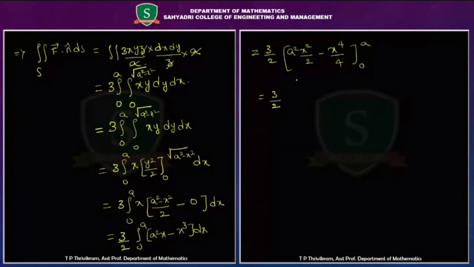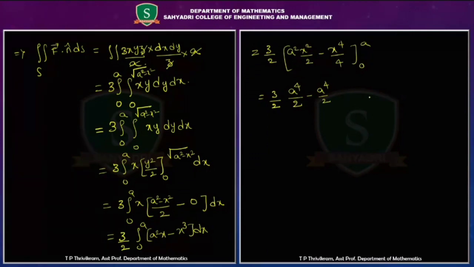So 3 by 2, a power 4 by 2 minus a power 4 by 4, so we get a power 4 by 4.